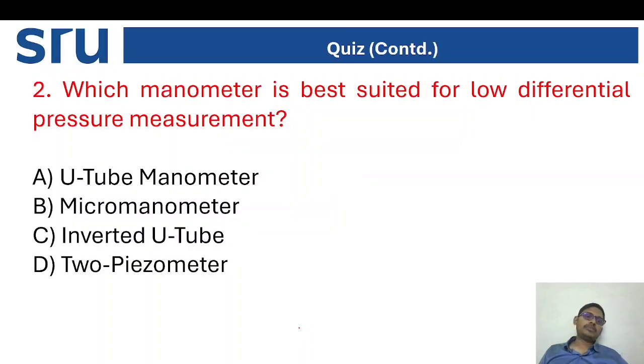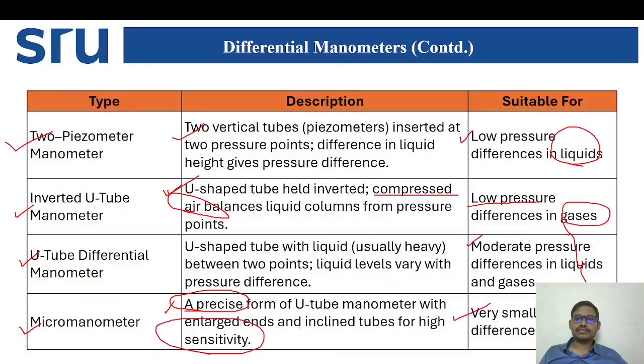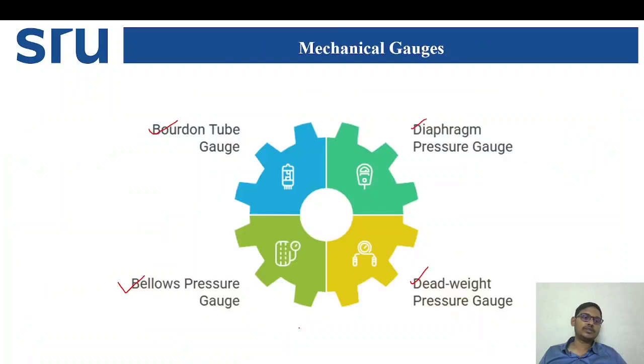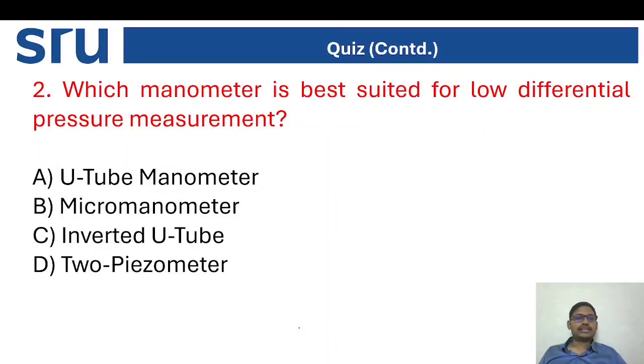Next, which manometer is best suited for low differential pressure measurement? There are two things I discussed earlier: low pressure differentials in liquids and gases. In liquids it means 2 piezometers, inverted U-tube manometer. So which one is best suited for low differential pressure?